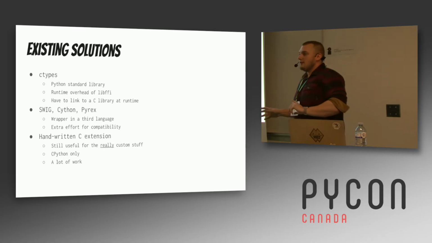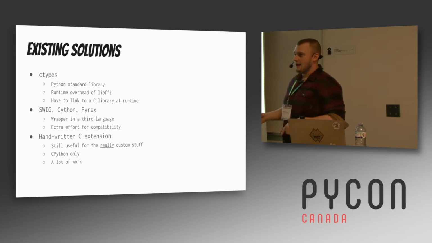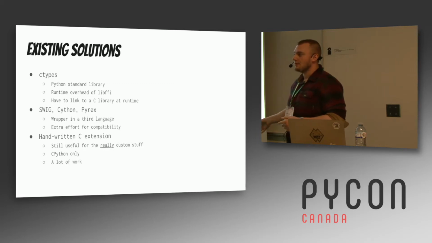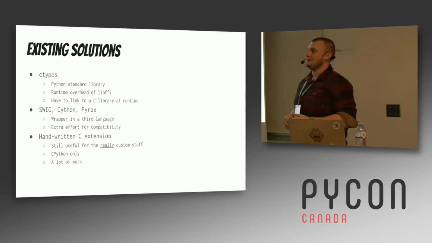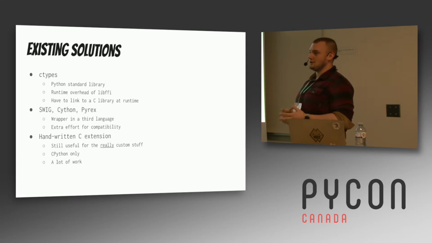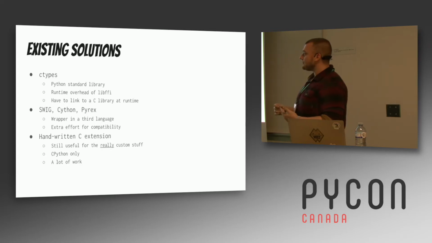And currently in Python, if you want to interface with C libraries, there's a few existing solutions, and they have their advantages and disadvantages. ctypes is the one that comes with Python, and that makes it a little bit easier because you don't have to install anything. But with ctypes, you're basically telling it at runtime what to expect in the structs and what function signatures look like in the library that you're interfacing with.